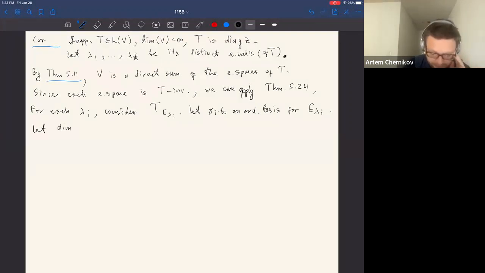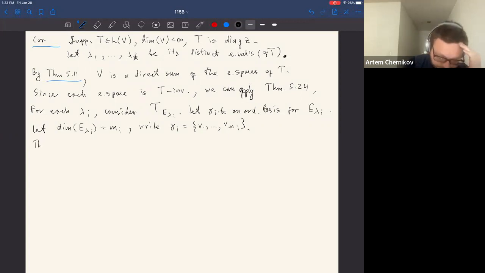So let the dimension of E lambda I be equal to mi. And then we can write the basis gamma I as some vectors v1 through vmi. So let's write it like this.